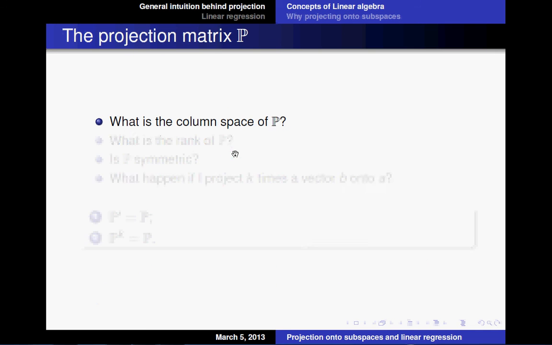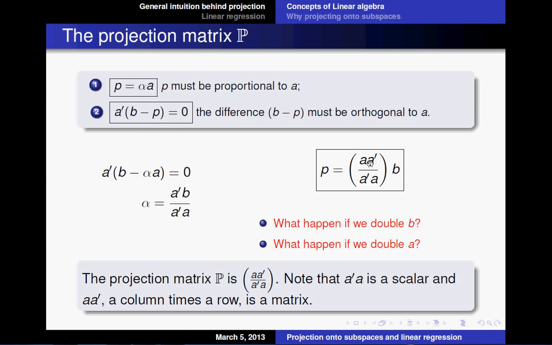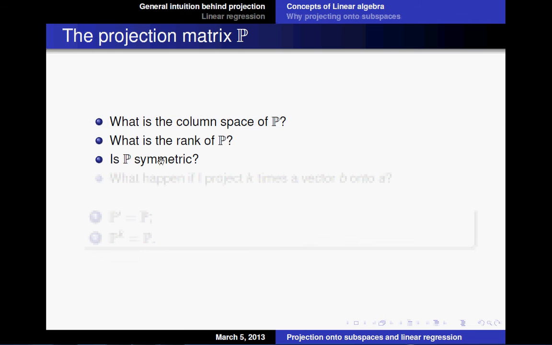What is the rank of P? This is a rank 1 matrix, because this matrix is A times A transpose, and also this definition of P implies that P is symmetric.